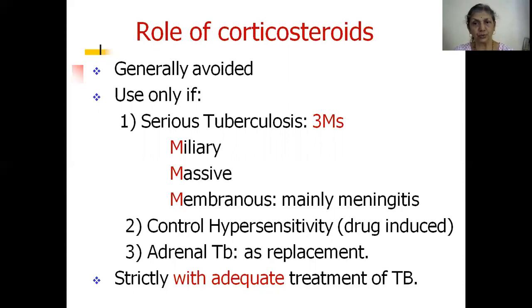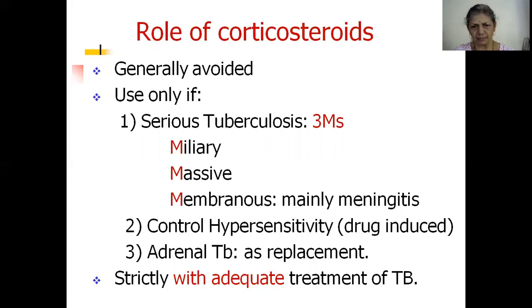If it's tuberculosis of the adrenal glands themselves, compromising the release of natural corticosteroids, we would have to give corticosteroids as replacement therapy.